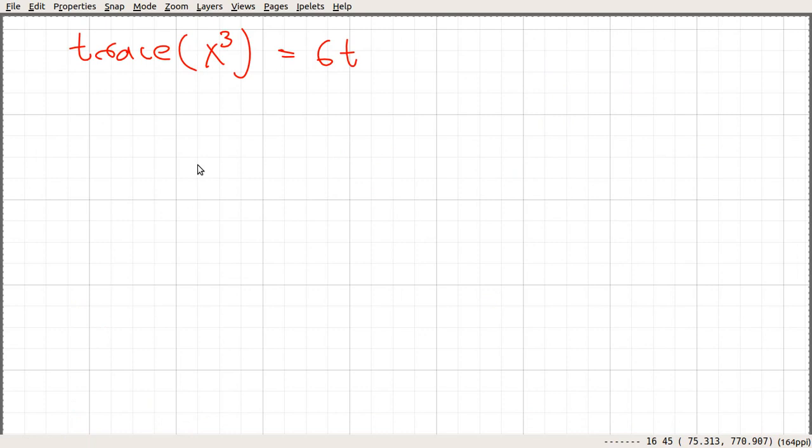So here again, what we are going to do is use the xij cubed.